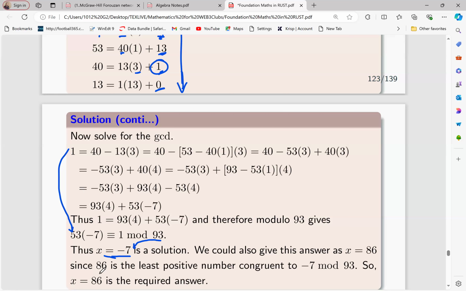So 83 plus negative 7 should give us 86. And after adding that, supposing our mod is M and it has just obtained X, let it add the M. Then the result that it gets, let it again reduce it mod M, because sometimes this result may go beyond. If it goes beyond, let it again reduce it.